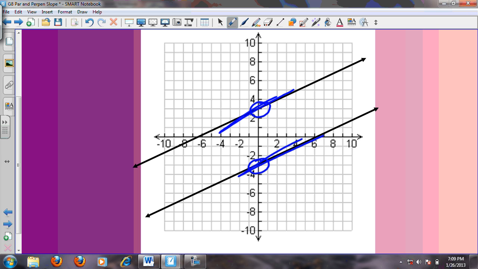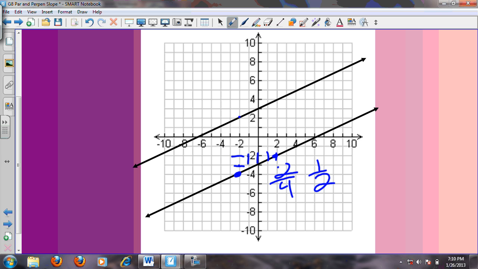So let's pick a point. Let me erase these so we can see them a little better. Let's start here, and we'll go to here. Up 1, 2, over 1, 2, 3, 4. So 2/4 or 1/2.